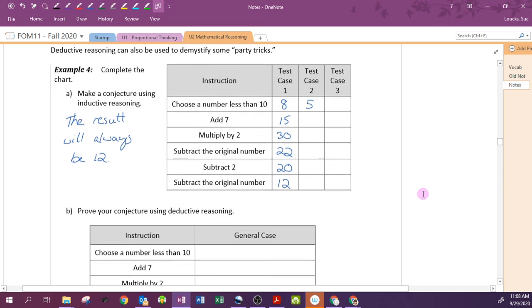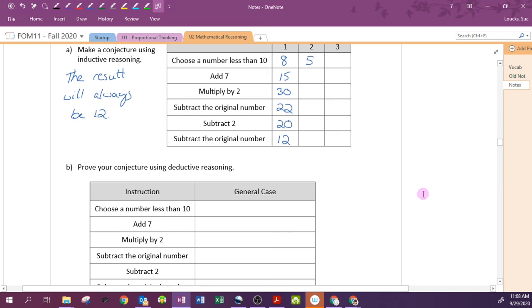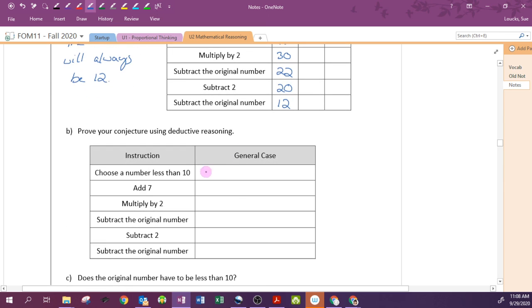So what I do for deductive reasoning is I choose a number less than 10. My number is n. If I add 7, I now have n plus 7. If I multiply that by 2, I have 2 bracket n plus 7, which equals 2n plus 14.